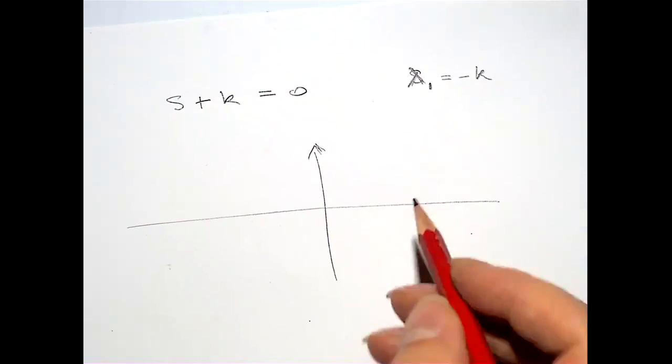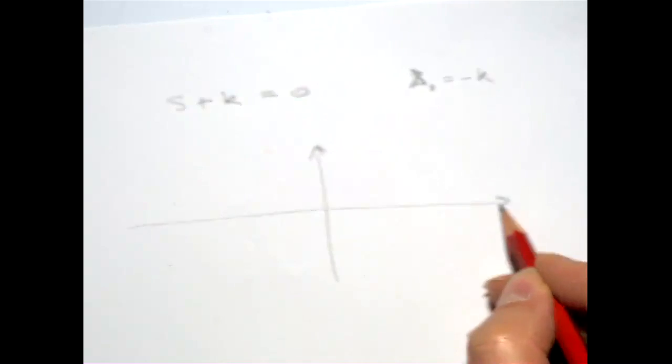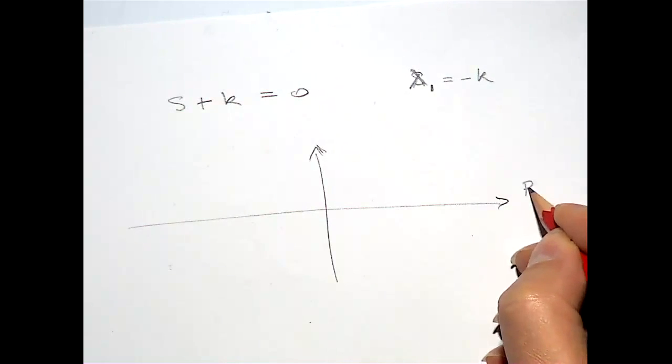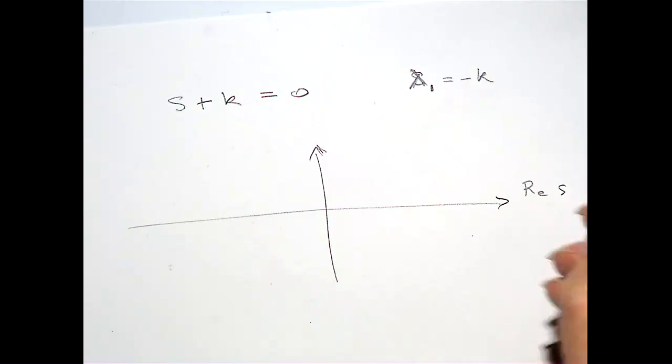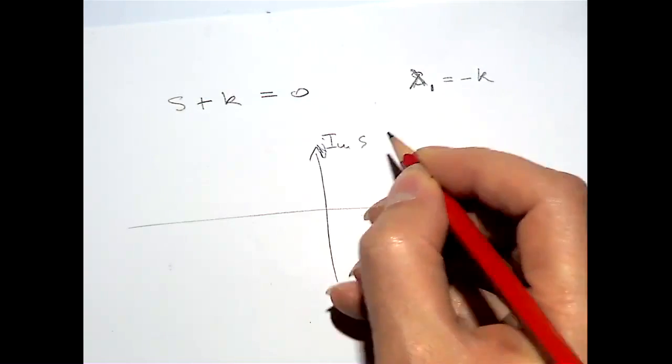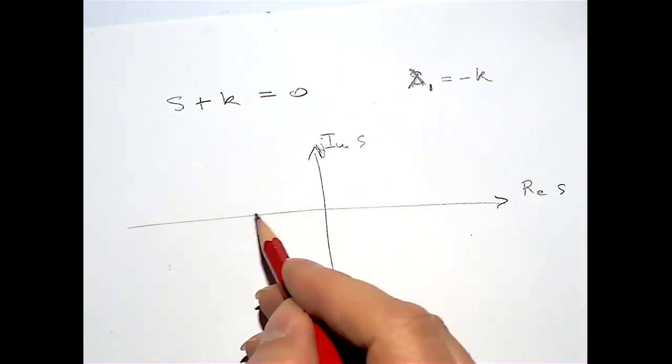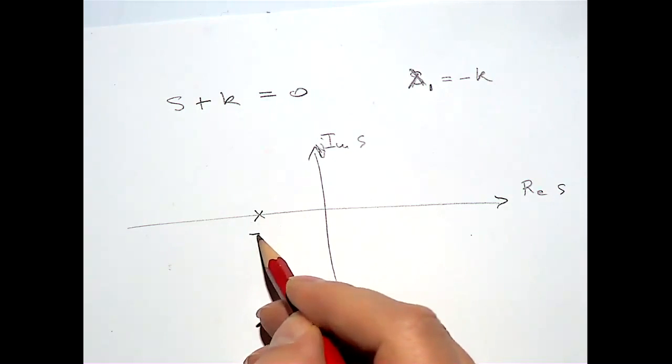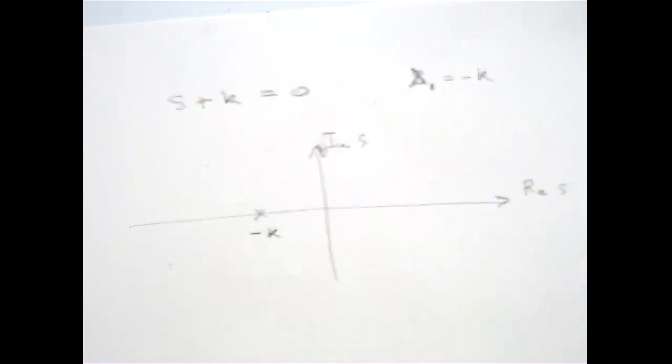In these coordinates, this is the real part of s, and this is the imaginary part, j times the imaginary part of s. This is the location of this point, yeah?